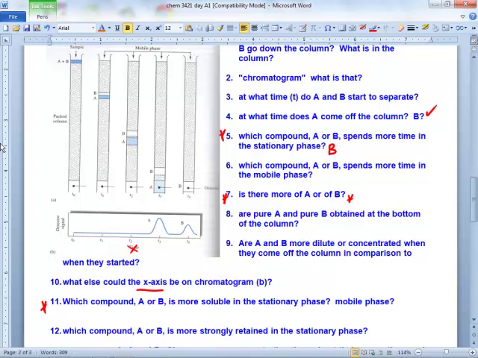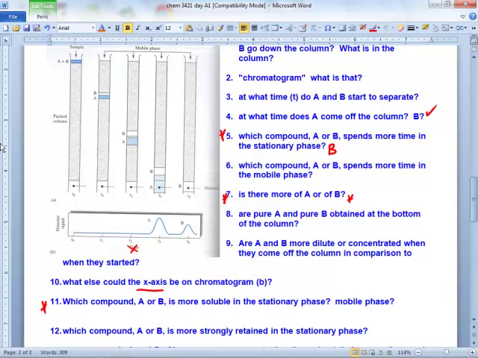It's stuck there much more often than A, right? So you can think of soluble as a much better word than stuck, because soluble means it's dissolving, but then it pops off, and it's dissolving again. It's going in and out of being dissolved. It's a much better word than saying stuck, but technically it's the same thing.